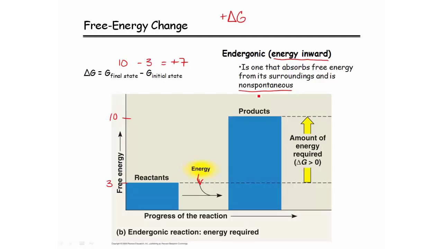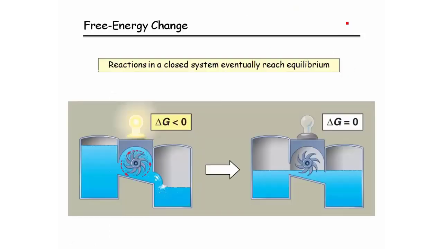They're going to be non-spontaneous, and these are going to be our anabolic pathways. All right. So we do have two types of pathways: exergonic and endergonic. We want to know the difference between the two.